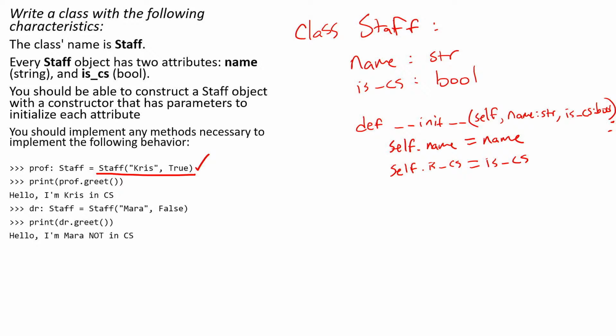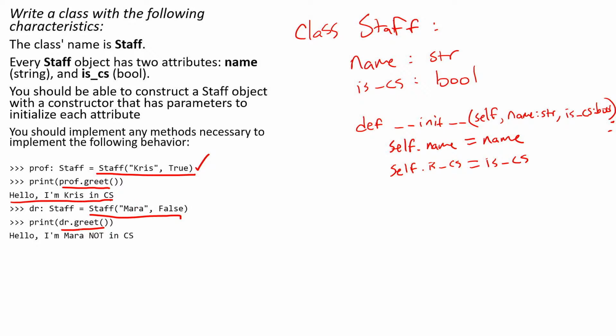All right. So let's think about this method. We see two uses of this method, and we see two objects here. There's another object being created, staff with the name of Mara, and isCS of false. And here's where we're asking you to infer some behavior. When we call the greet method, it's returning a string where it says, hello, I'm Chris in CS.